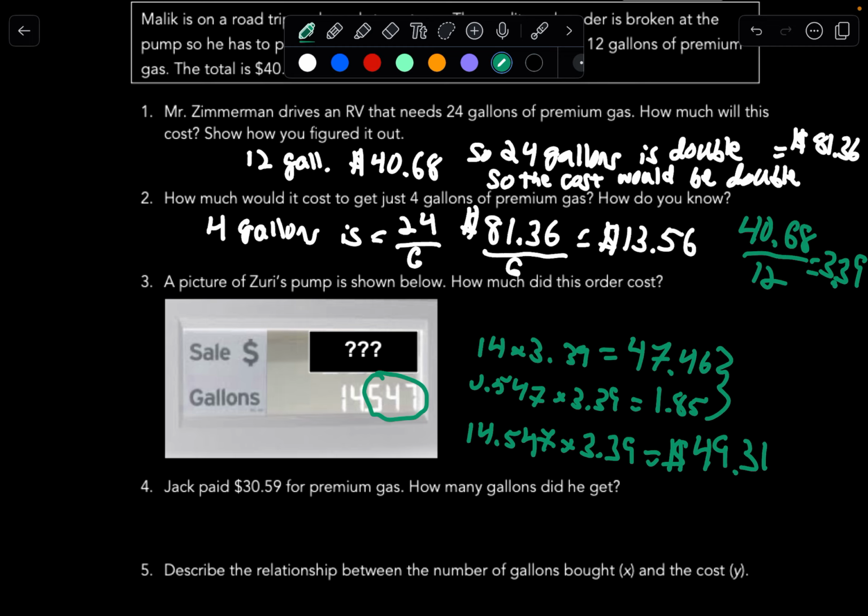By the way, again, the $3.39 is the unit price. It's the price per gallon. So if you just know the number of gallons, you multiply.